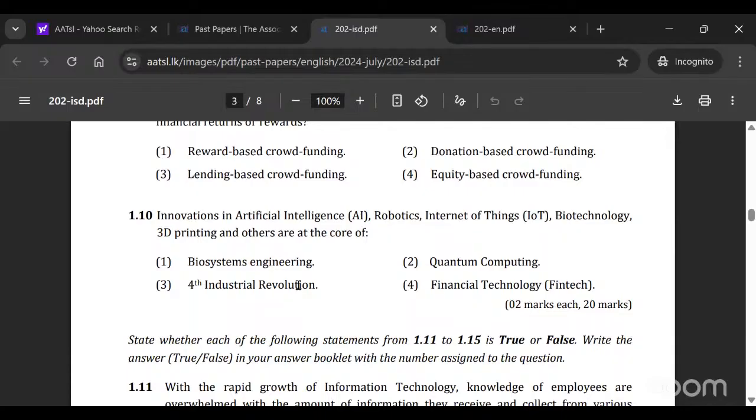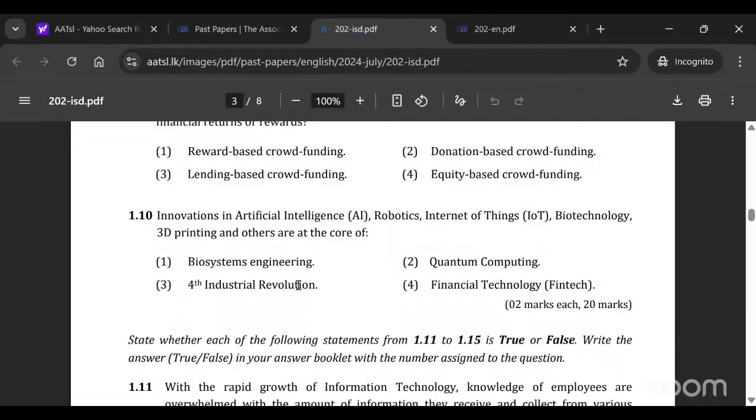Innovations in artificial intelligence, robotics, IoT, biotechnology, 3D printing, and others are at the core of what? Industry 4, right? Industry 4, the fourth industrial revolution. You know, Industry 1 is using the thermal engine, right?